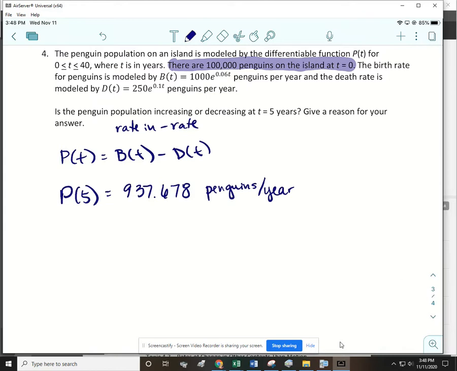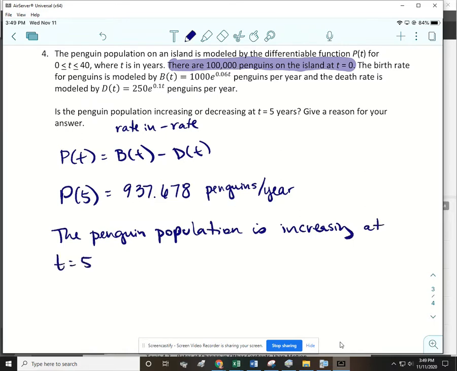And we want to know if that's increasing or decreasing, and it's definitely increasing because that is a positive rate. So the penguin population is increasing at t equals 5 years because P of 5 is greater than 0.